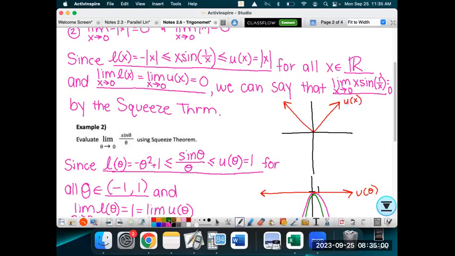We had the negative absolute value of x. And then we have the function in the middle, which if we had paid attention, kind of looked like this.